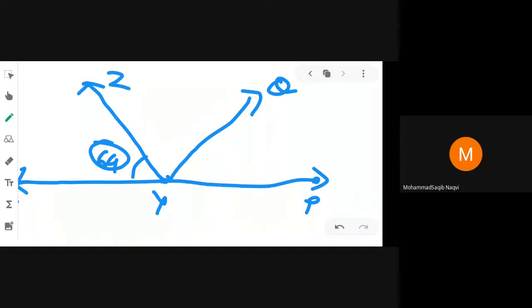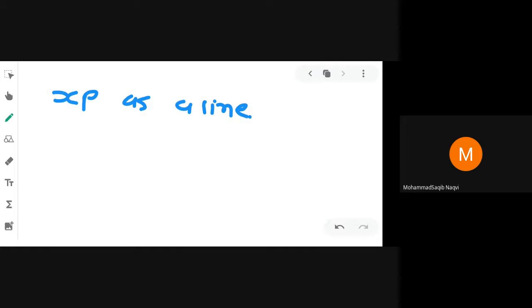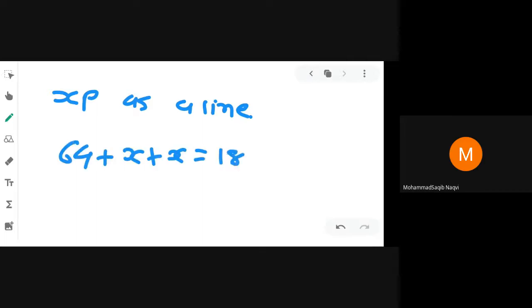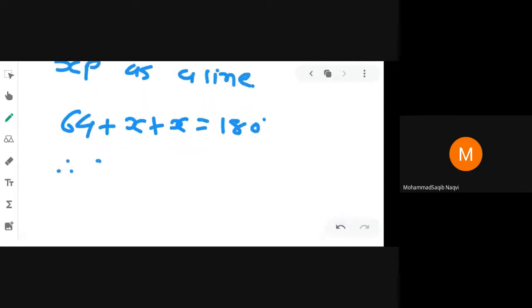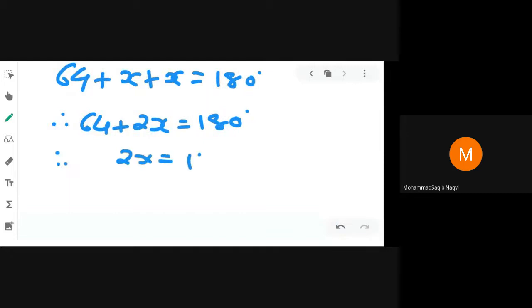We don't know the value of ZYQ and QYP, but we know that these two angles are equal because YQ bisects angle ZYP. So we are supposing each is X. If we consider XP as a line, then 64 plus X plus X, 2X, is equal to 180 degrees.